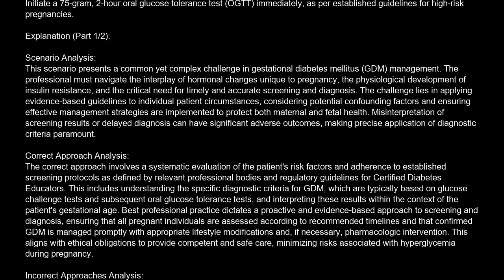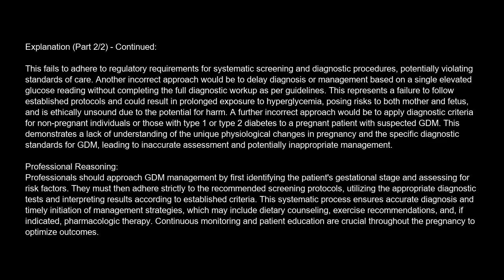Incorrect approaches analysis. One incorrect approach would be to rely solely on subjective patient reports of symptoms without initiating standardized screening, as this bypasses established diagnostic pathways and could lead to misdiagnoses. This fails to adhere to regulatory requirements for systematic screening and diagnostic procedures, potentially violating standards of care.